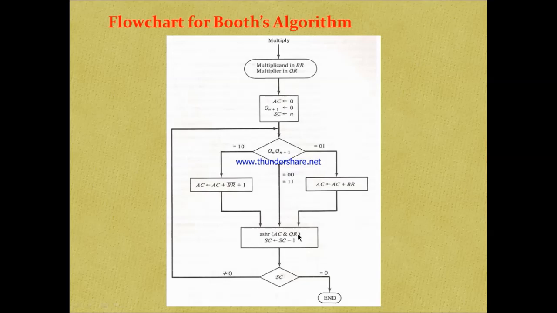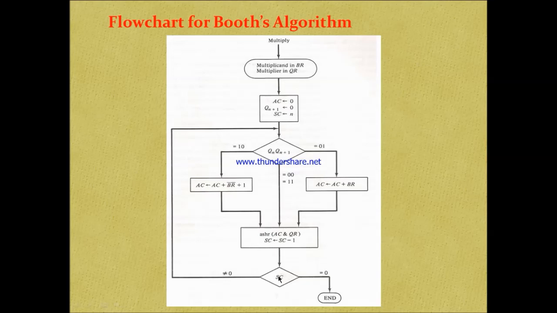So both the AC and the QR should be right shifted, or arithmetic right shifted. After that this sequence counter will be decremented by 1. Then we will check the sequence counter.